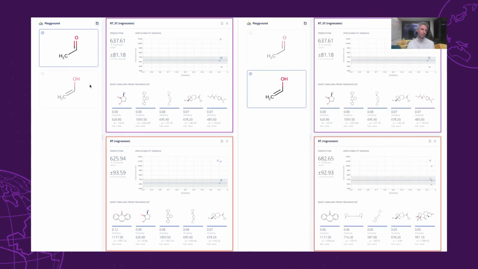I selected a very simple use case with the most simple tautomeric pair, oxo-enol tautomerization, to demonstrate that the standardized case had the very same predicted value, same error, and the very same most similar structures as an applicability domain, while in the case of the non-standardized model building, we ended up with different predictions, different errors, and different most similar structures.